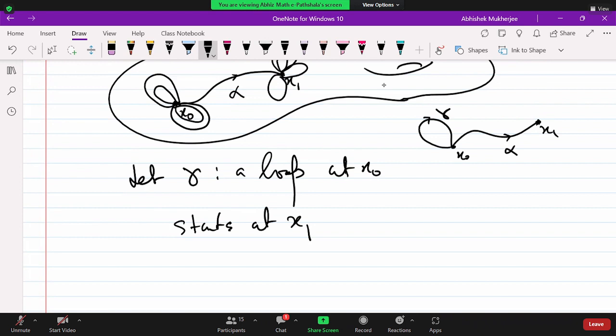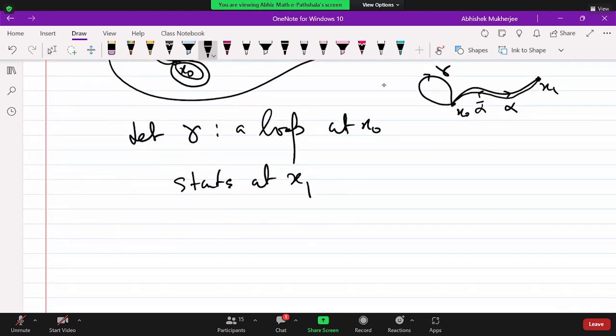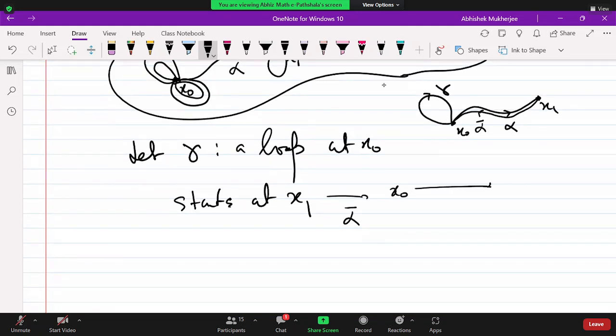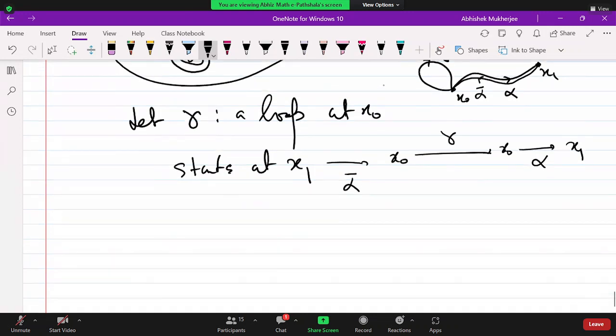So by this path, which is the inverse of alpha, we go to x naught via alpha bar, and then go around gamma via gamma, and after that come back to x1 again via alpha. So what does it say?